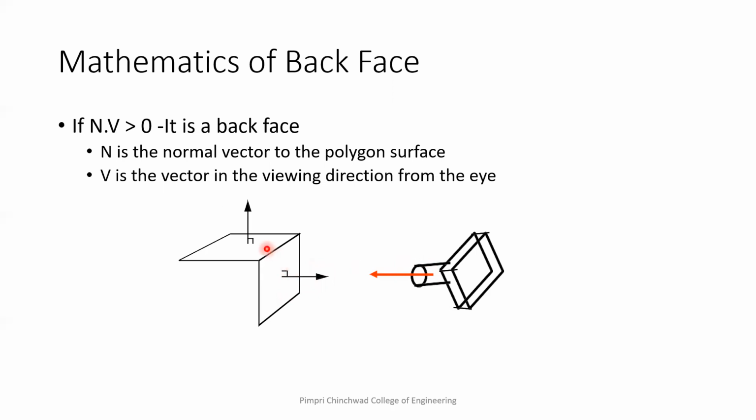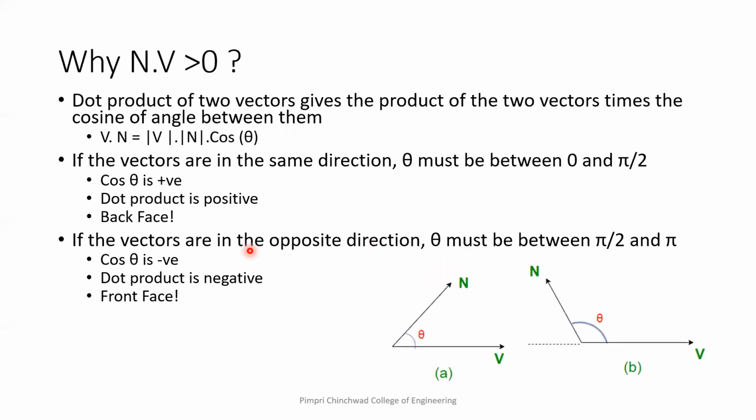If it is less than 0, then it is a front face and we will keep that surface. If it is equal to 0, that means the eye is grazing that surface. The surface is the same as the viewing direction, for example this surface. Okay, so we will discard that surface as well.